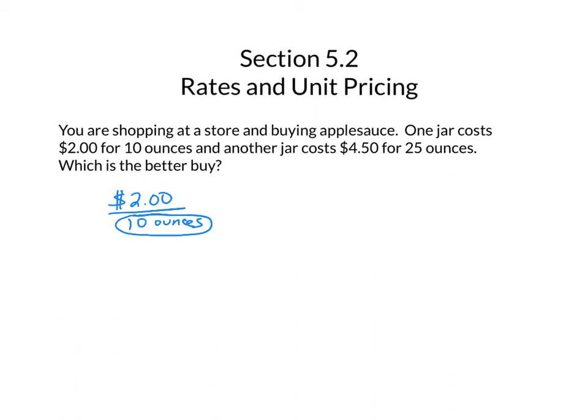So I'm going to divide by 10 over 10. If I divide $2 by 10, that's going to be 20 cents. Remember, if I'm dividing by 10, all I have to do is move the decimal point one spot over to the left. 10 divided by 10 gives me 1.